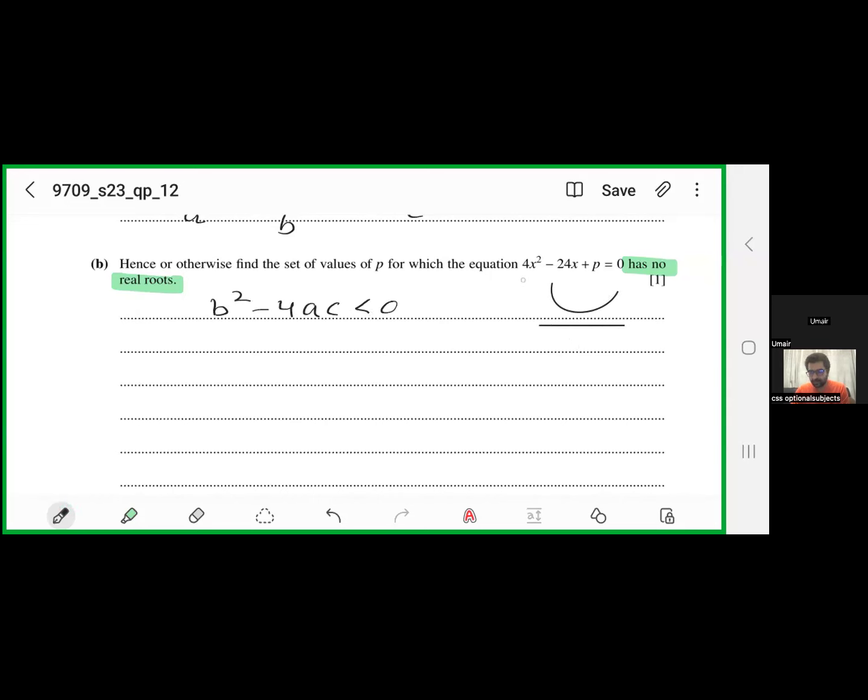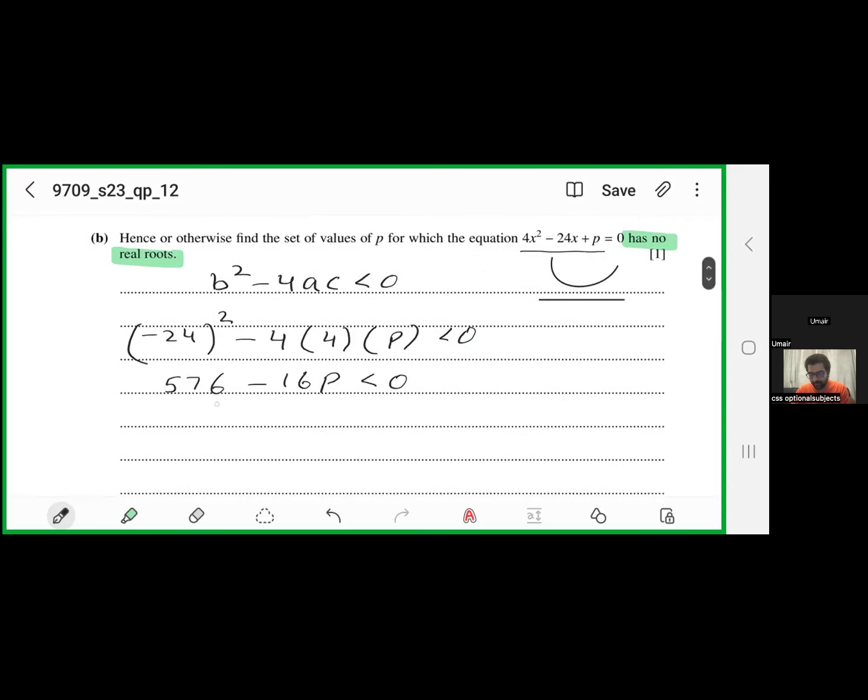So in this equation, b is minus 24. Minus 24 square minus 4, a is 4, c is p, is less than 0. Minus 24 square is 576, minus 16p is less than 0. So 576 is less than 16p.